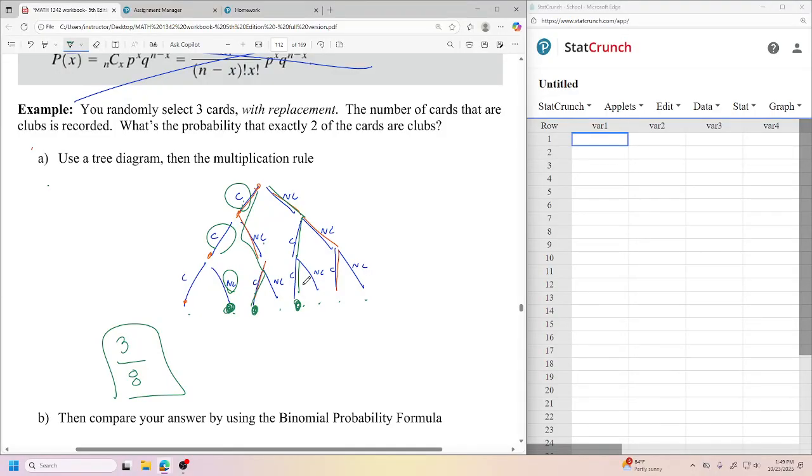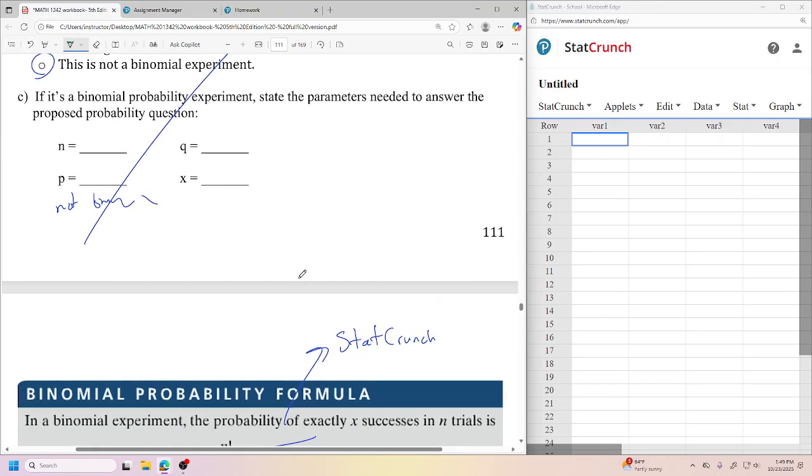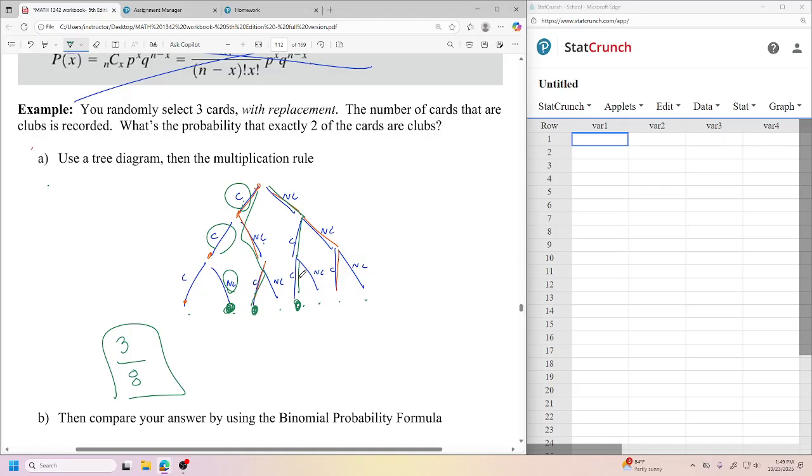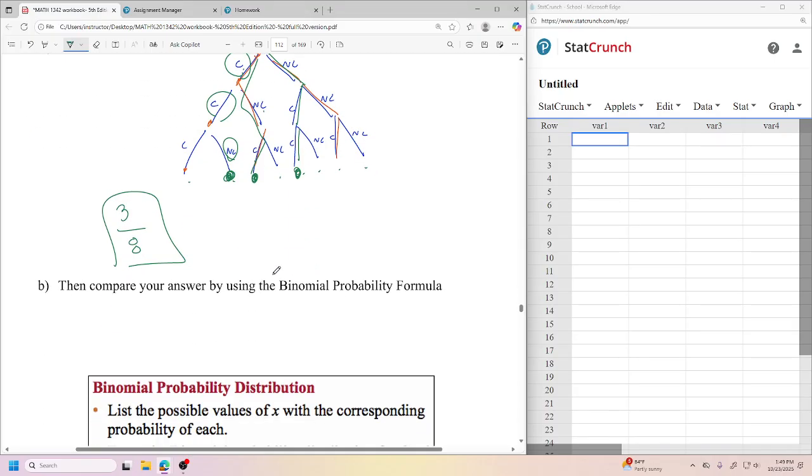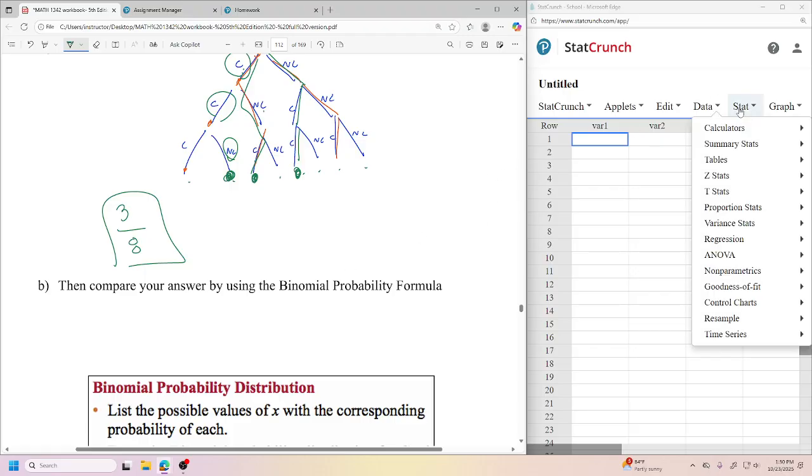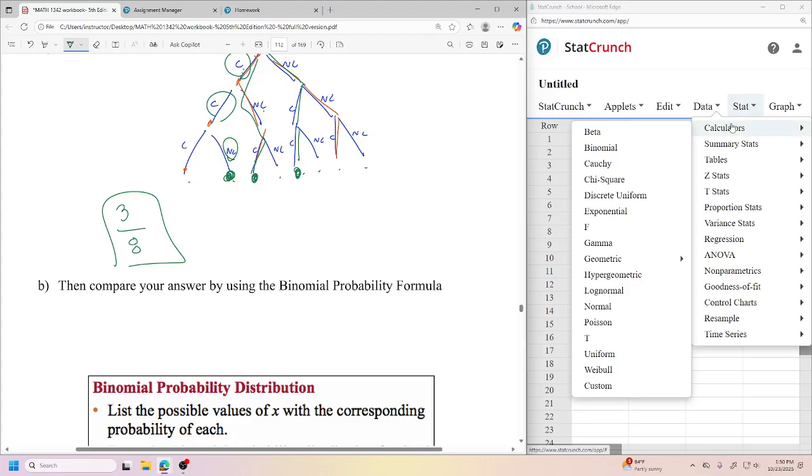So, cool. I am on page 112. Yep. Very good. So it says now use the binomial thing, and I think this is a nice opening to what we need to do for binomial. So let me show you StatCrunch. I'm going to go stat, calculator, binomial right there.